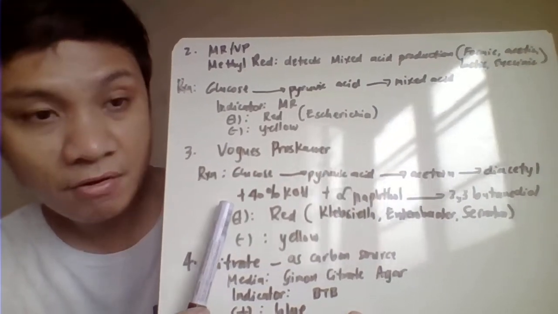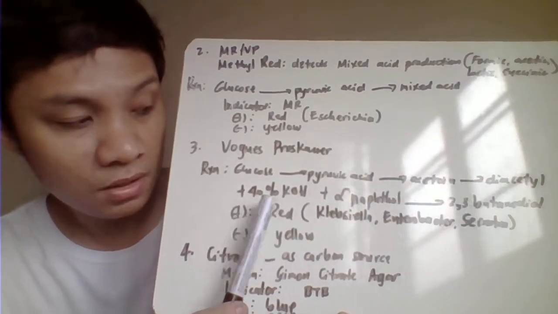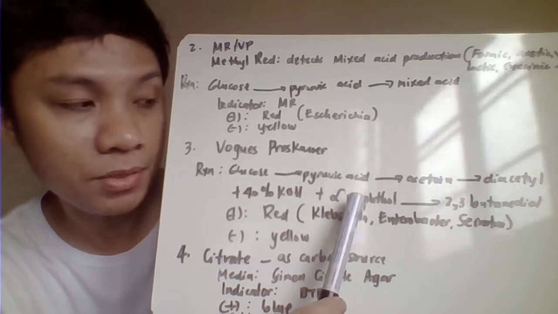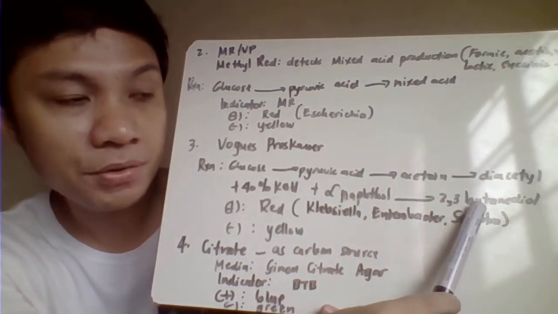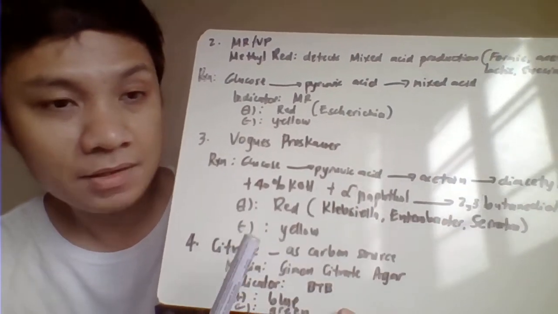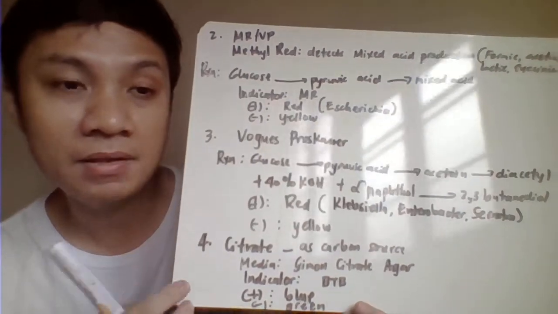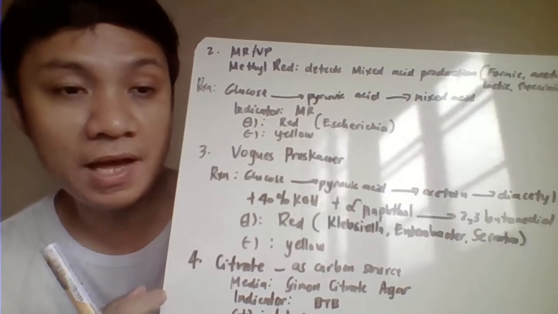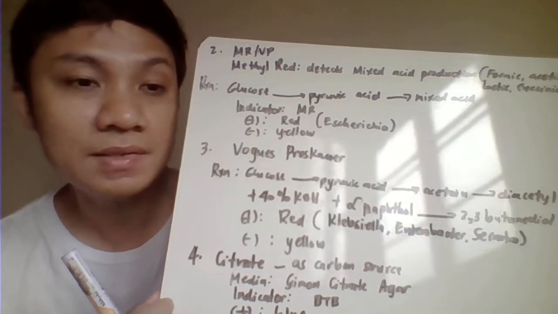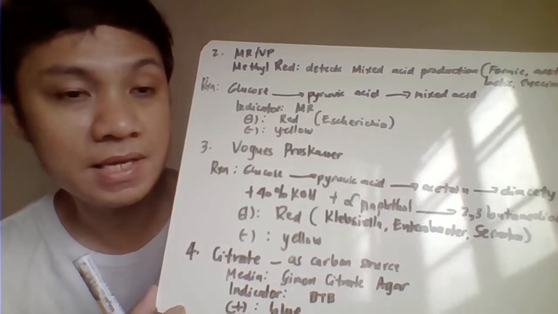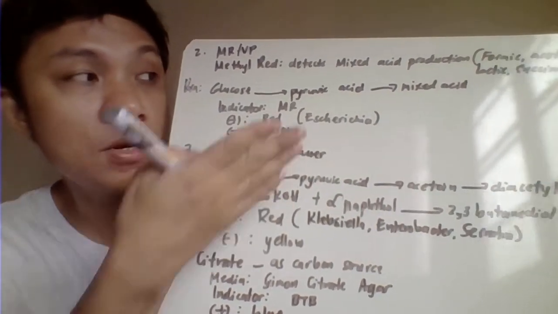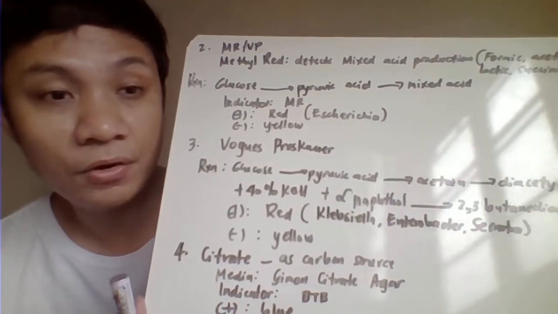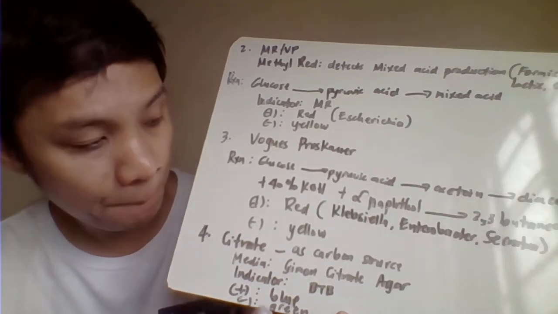Then you add 40% KOH plus your indicator in the form of alpha-naphthol to produce butanediol. So this is again to identify bacteria which have another pathway for the utilization of pyruvic acid. Instead of converting it to mixed acid, they convert it to acetoin, an intermediate alcohol.